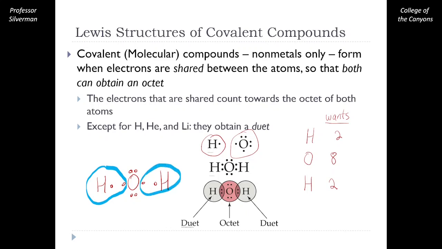Once we start to share, those hydrogens can gain access to some of the oxygen's electrons. Meanwhile, our oxygen gains access to those electrons from hydrogen. This is a win-win. Our hydrogens now have 2 electrons each, and our oxygen now has 8 electrons, just like it wanted to.